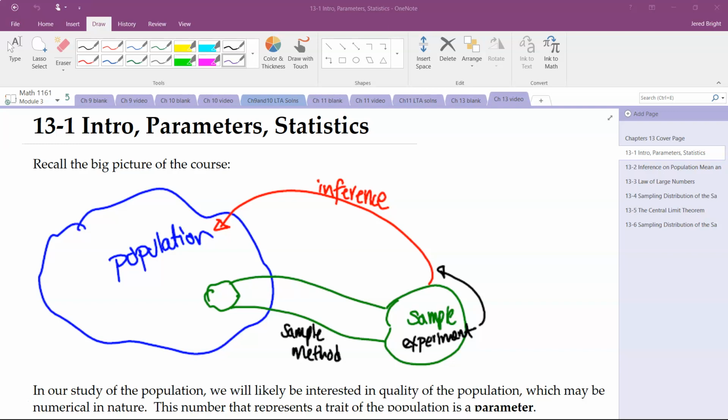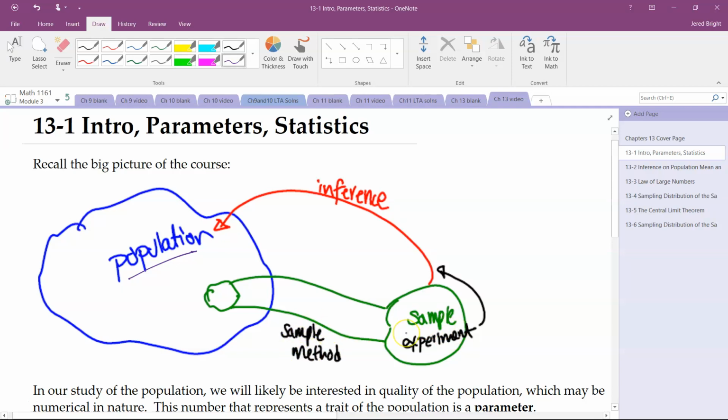But before we do that, I just want to call your attention back to this big idea of the course, where we have this population, and generally speaking, information about the population is not well known. So what we end up doing is working with the population by way of taking a sample, and we've talked about how to get that sample selected.